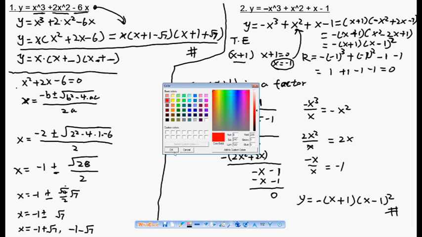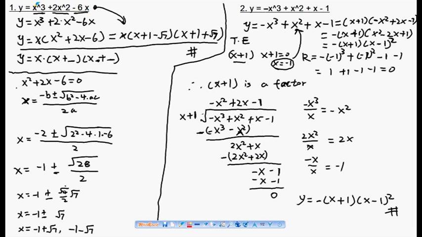By the way, about the shape: look at question 1 again. If I plot this equation in the calculator, the graph will look like this because the coefficient of x cubed is a positive number, 1.